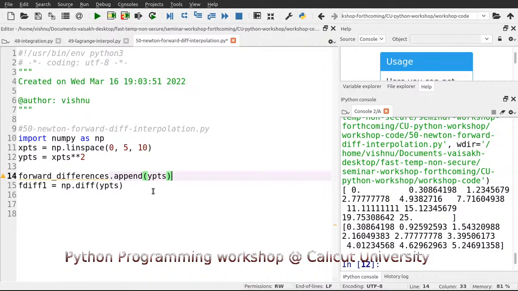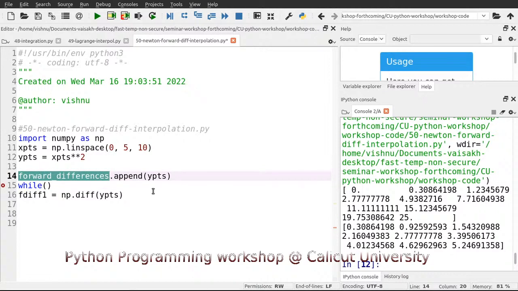That's the technique. The list has the zeroth forward difference, which is y points itself, then the first forward difference, y1 minus y0, y2 minus y1, etc. As long as the latest one appended consists of more than 2 points, we keep on continuing the forward difference. Okay, that's essentially the technique. So we have appended. So how do we take the last one?